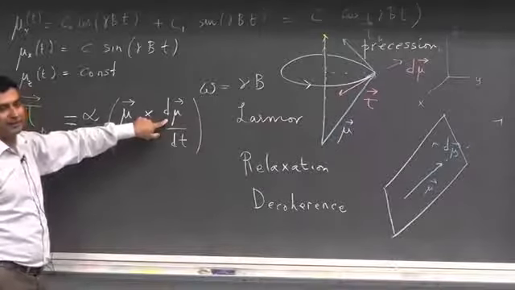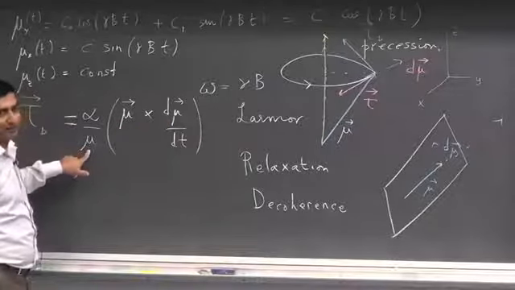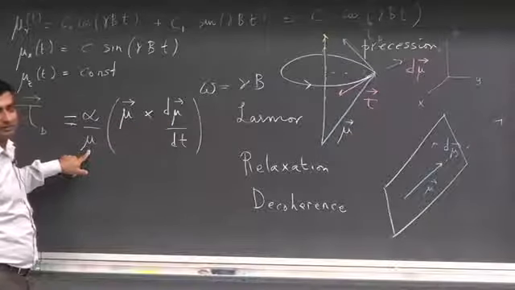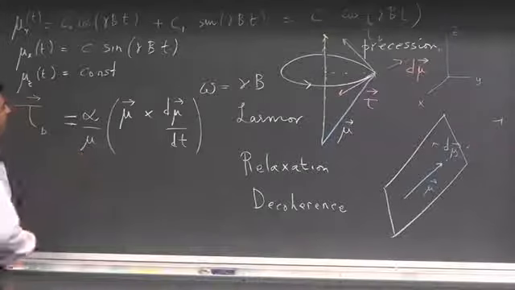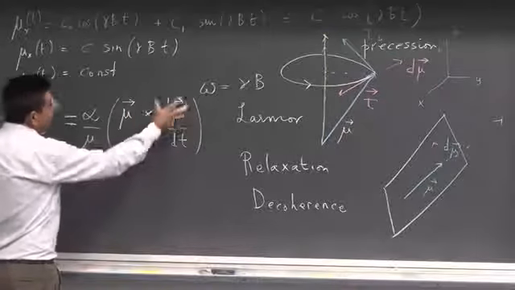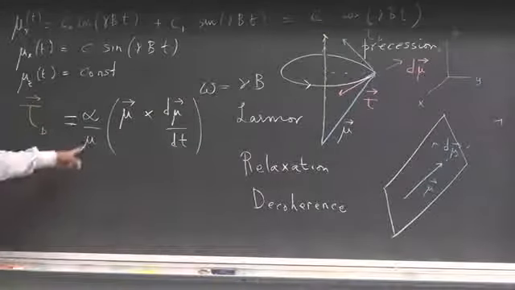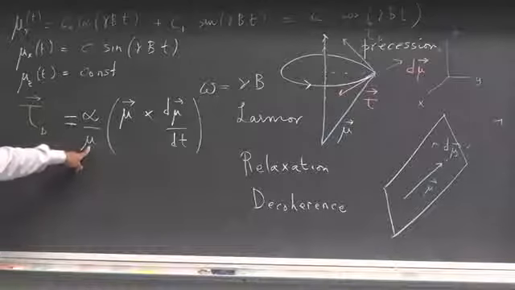So the numerator is proportional to mu squared. So you would like to put a mu here as well. In other words, this d mu over dt divided by mu has the same dimensions as the magnetic field. Okay, so for dimensional consistency, you have to put this mu in here.